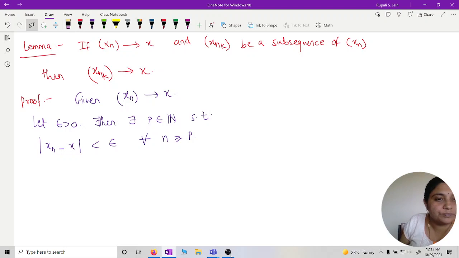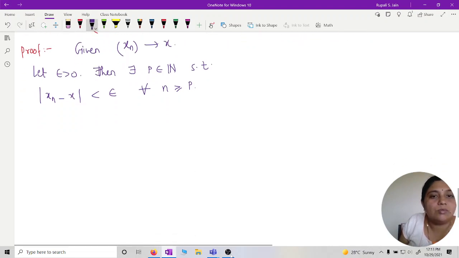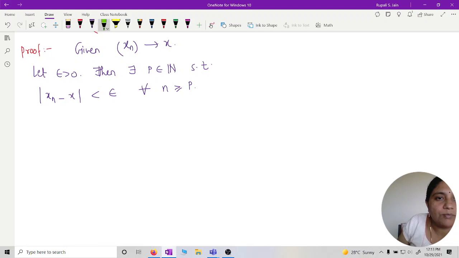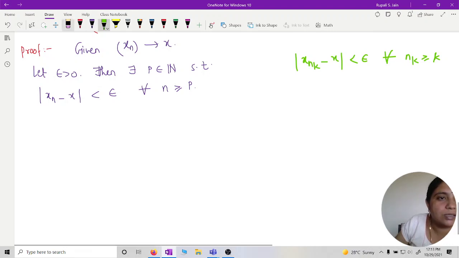Now I want to find a natural number such that mod of x_{n_k} minus x is less than epsilon for all k greater than or equal to that natural number. Usually n_k is greater than or equal to k.